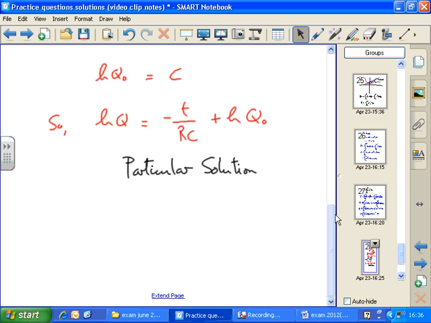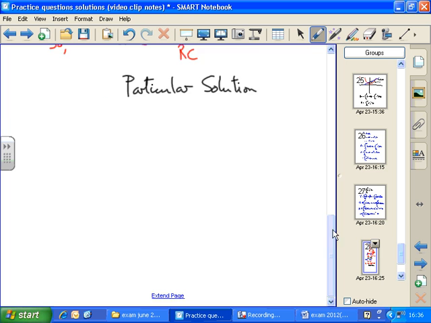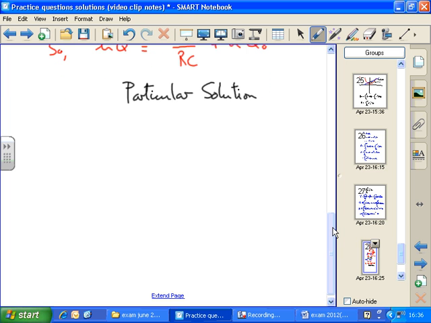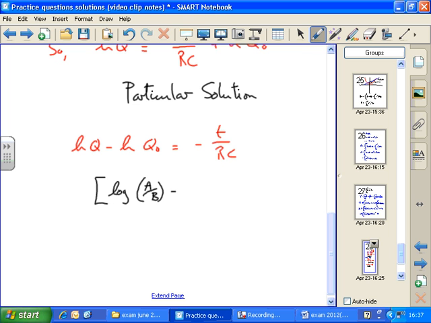If I carry on and solve this, what I would do is take the log q0 over to the other side. So log q minus the log of q0 equals minus t over RC. Using the laws of logarithms, log of a over b equals the log of a minus the log of b.